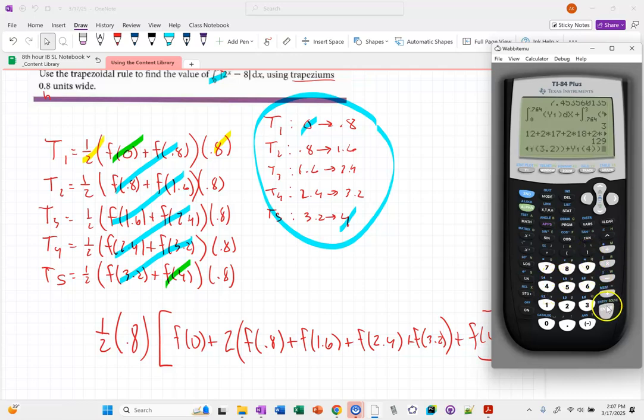And then close that quantity. And I get about 18.1.